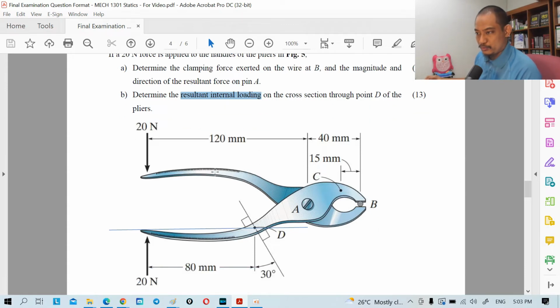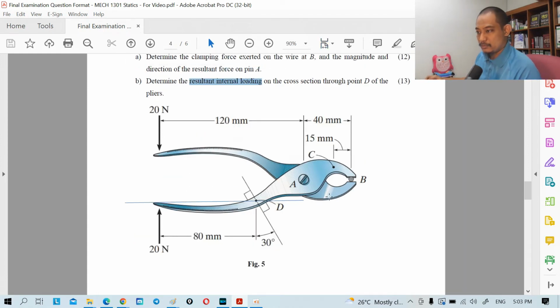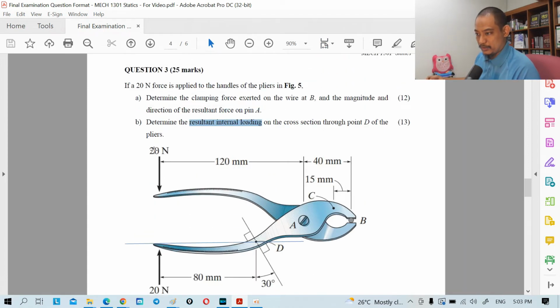We have a 20 Newton force at the handle there. Determine the clamping force exerted on the wire at B, and the magnitude and direction of the resultant force on pin A. So there's a pin here, and we want to find the reaction there.